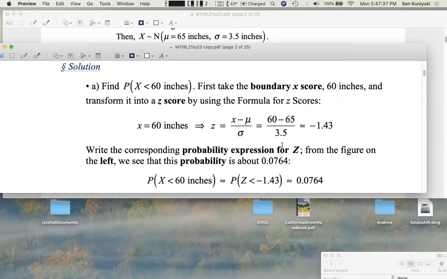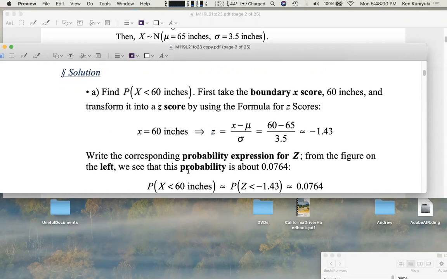In the end, we're dividing inches by inches, and the z-score has no unit. When you work out this fraction, make sure to process the numerator first. It's negative 5. You end up with about negative 1.43 to two decimal places. That's our z-score.